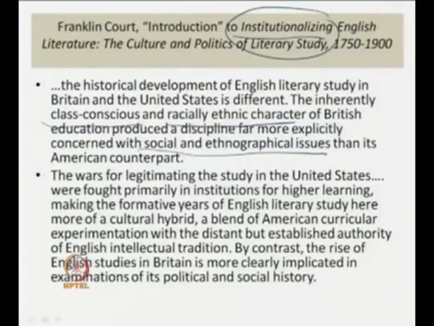And then he contrasts this with the study of English literature in America, and he says, let us look for the answer here. He says the wars for legitimating the study in the United States were fought primarily in institutions for higher learning. Okay?